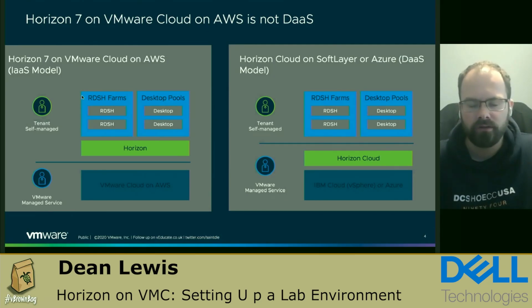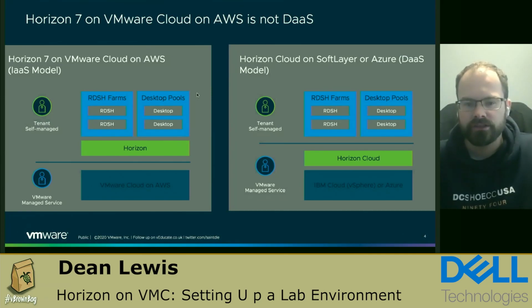By running Horizon 7 or 8, also known as 2006, which has just been recently announced, as an IaaS model, it means you bring the platform or the virtual machines onto VMC and you run it yourself. So this will be self-managed, you are the tenant.